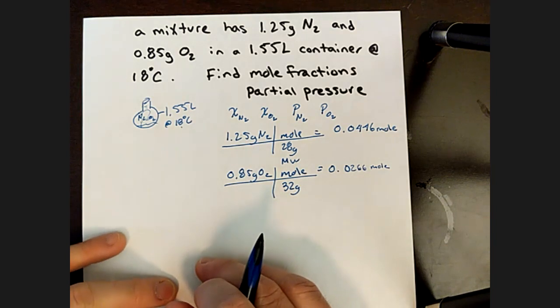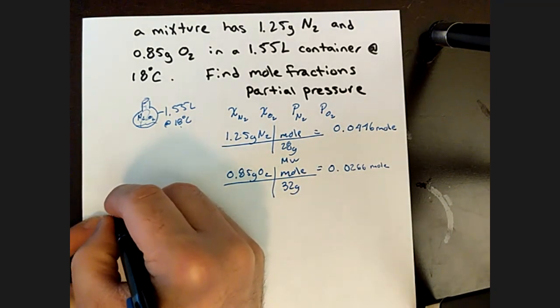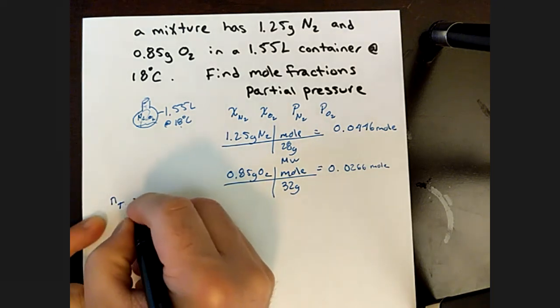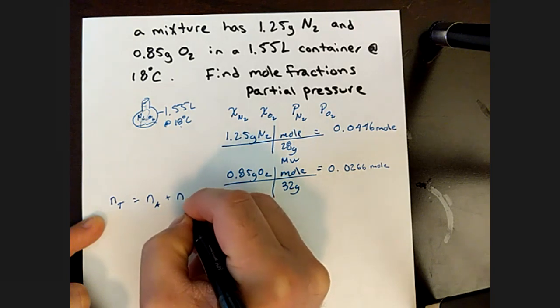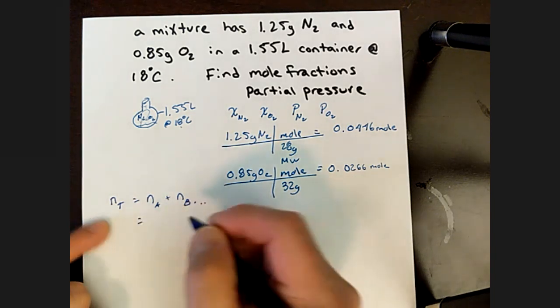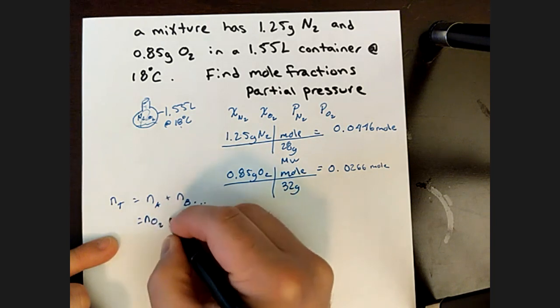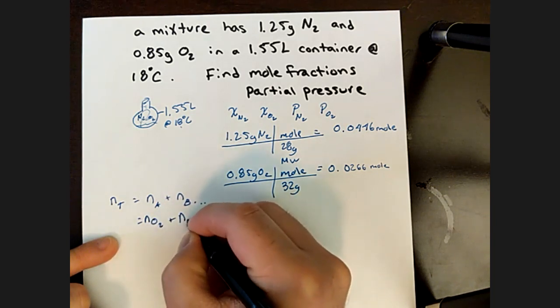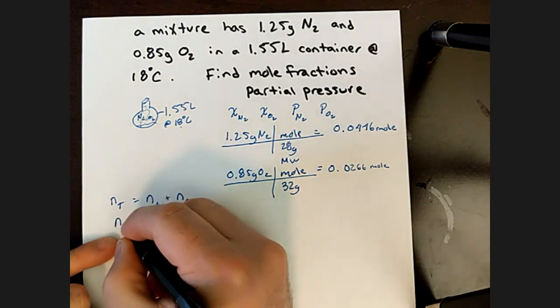So the total moles in the system equal the sum of all of the individual moles. In this case, the moles of the oxygen plus the moles of the nitrogen would equal the total moles.